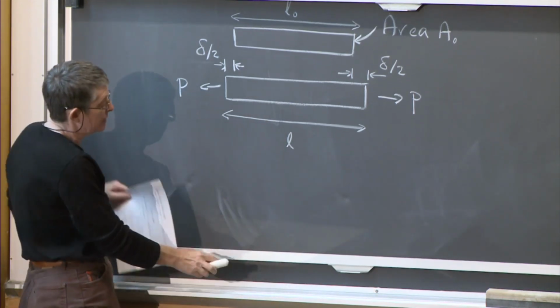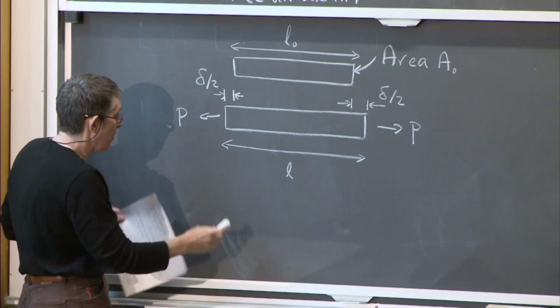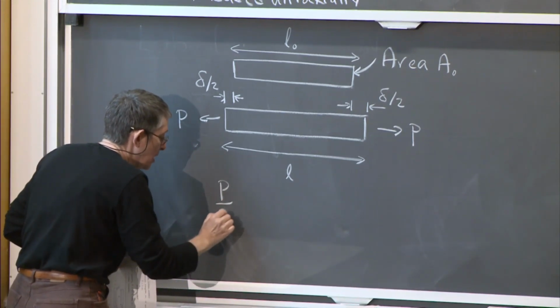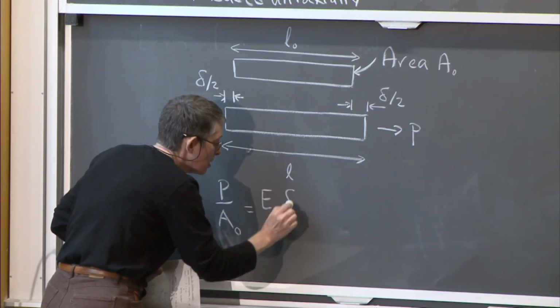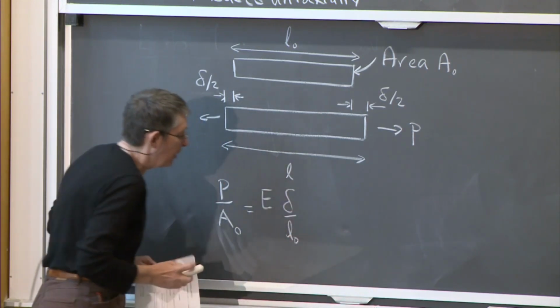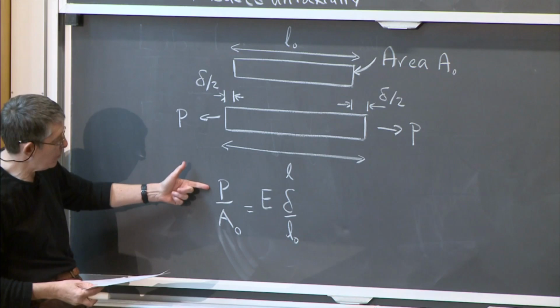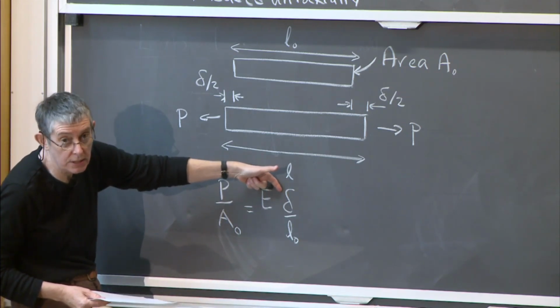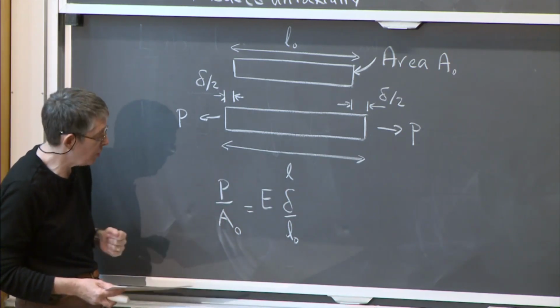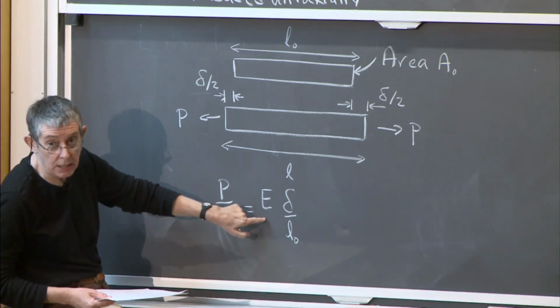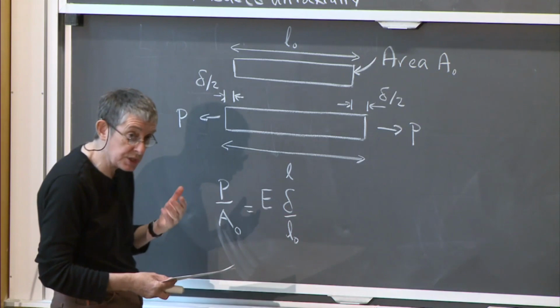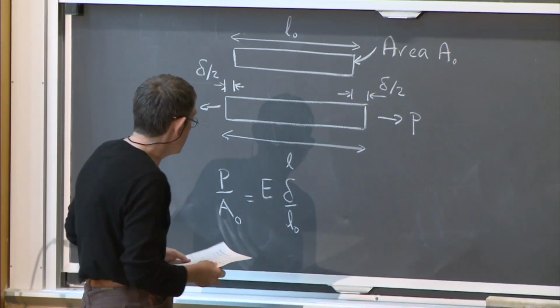Then if the material is linear elastic and isotropic, I can say that P over A naught is equal to E times delta over L naught. So the load P and the deformation delta are linearly related to each other again. And the only thing we don't know so far is this thing E. So E is the Young's modulus, and that's related to the stiffness of the material. Okay?